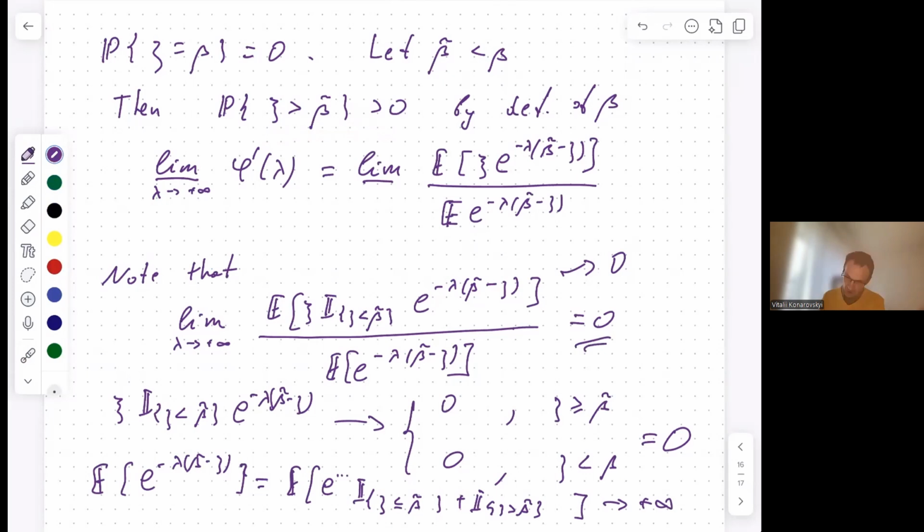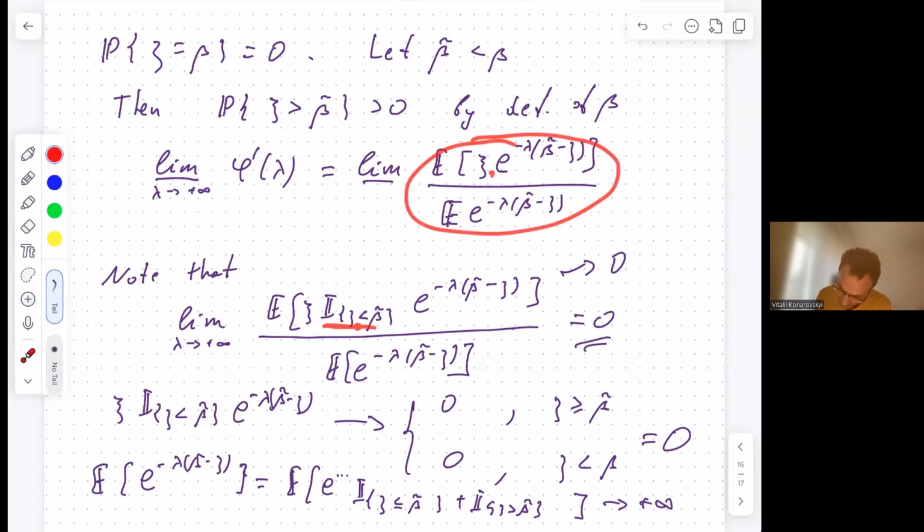And it is good because now, when I put inside the indicator that xi is smaller than beta tilde, it gives me 0. Therefore, I can actually remove this part from this term here, and I can continue my computations as follows.